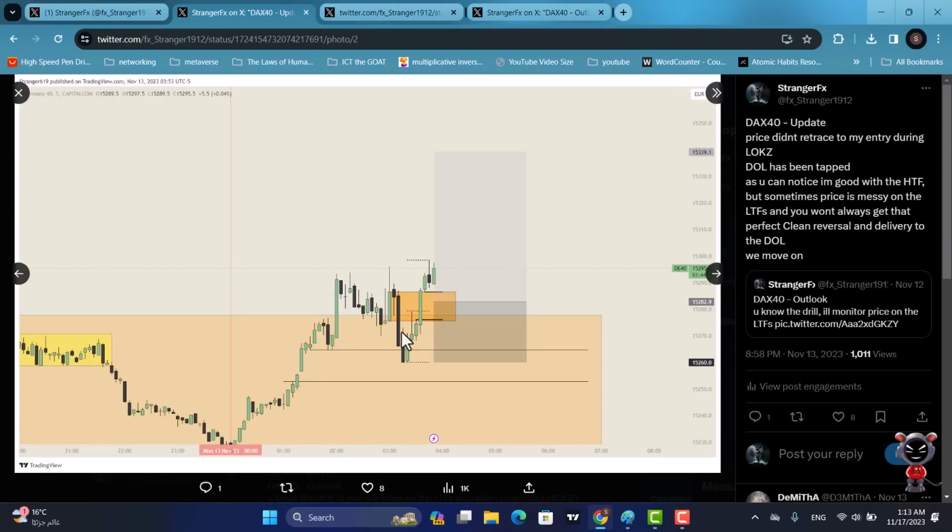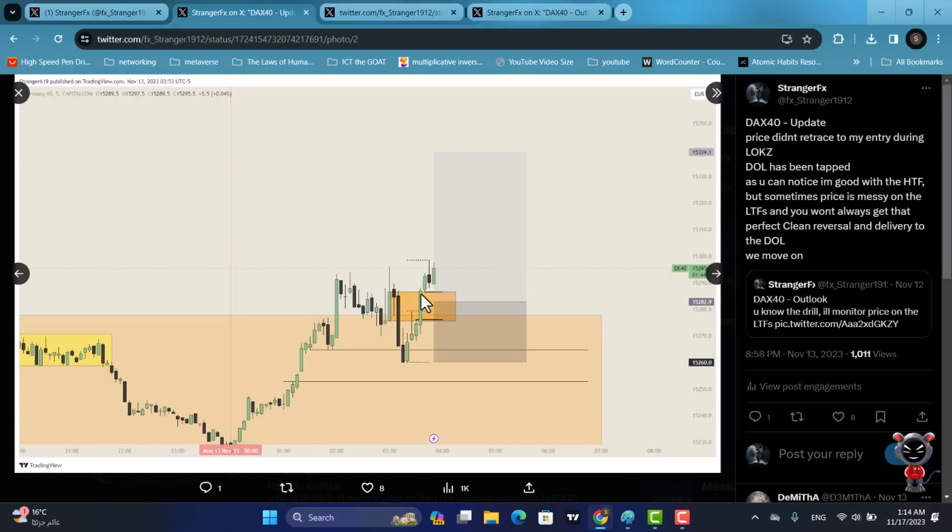Anyways, when you see this CB and you already have that long idea in mind, we are expecting this CB to fail. All right. So when price was here, I was expecting this CB to fail and act as support, and to become an inverted fair value gap right here.